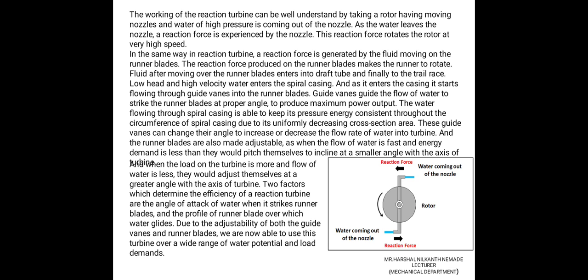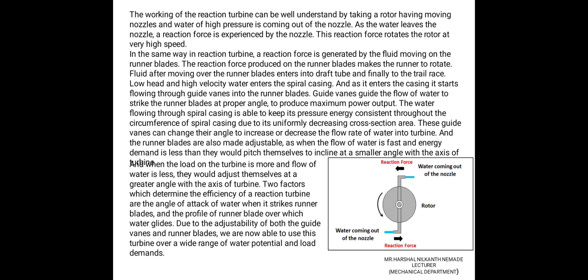Low head and high velocity water enters the spiral casing, and as it enters the casing, it strikes the runner blade at a proper angle to produce the maximum power output. The water flow through the spiral casing keeps the pressure energy constant through the circumference of the spiral due to the uniformly decreasing cross-sectional area.